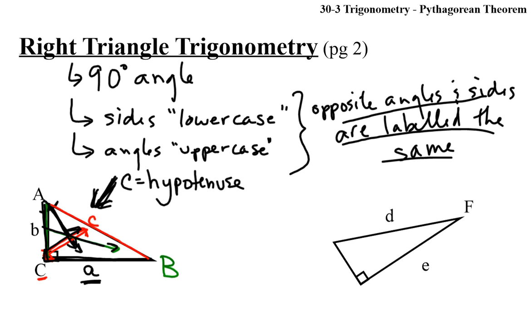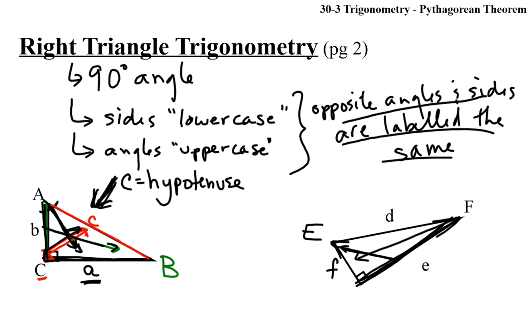So here we go. Here is angle F. Across from angle F would be side F, and we label it lowercase. Here is side E, and side E is across from that angle, so the angle across from side E would be angle E, but we label it capital.